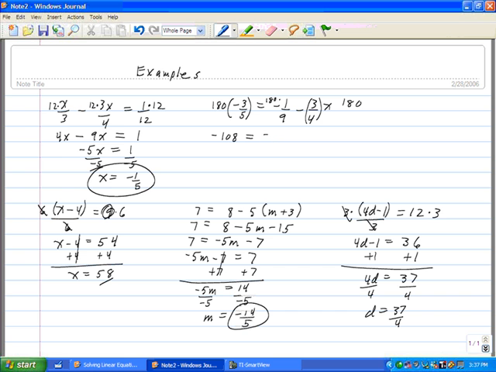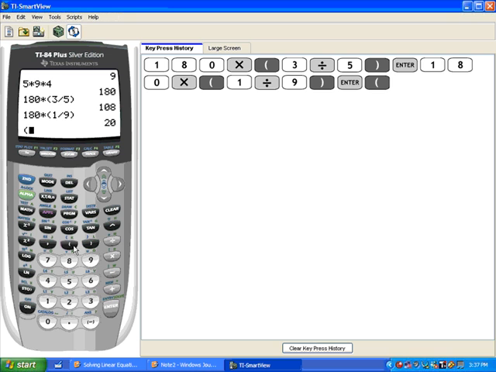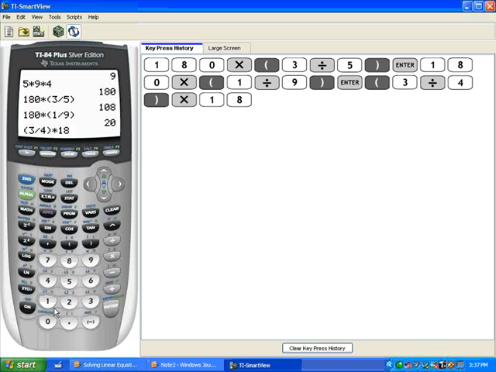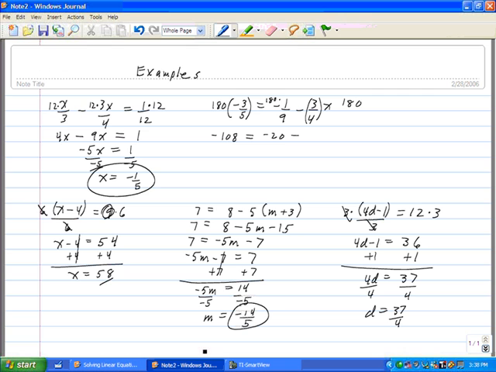So it is a negative 20 minus, now for the 3/4 times 180, it's going to come up to be a 135. Okay, so minus a 135x.